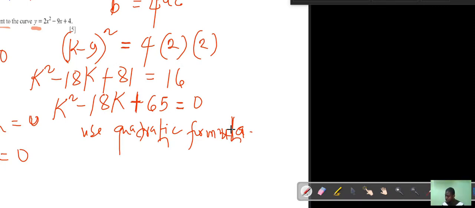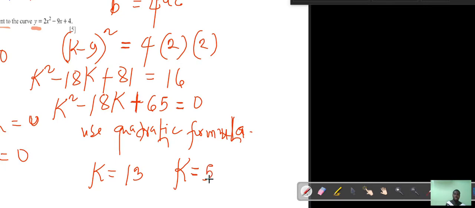Using mode equation 5 on my calculator, I get 13 and 5. So k is 13, k is 5.